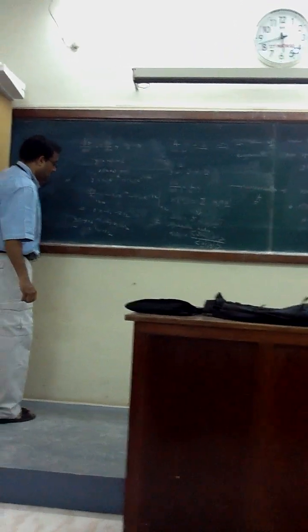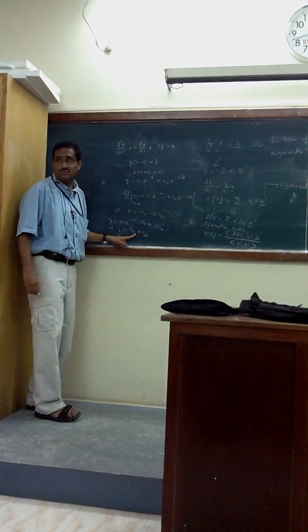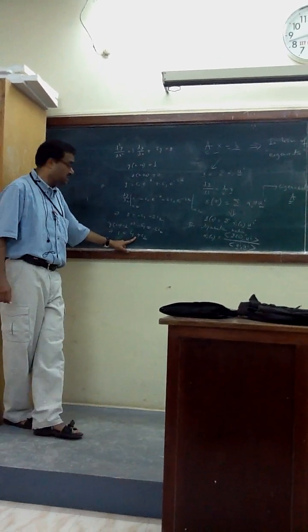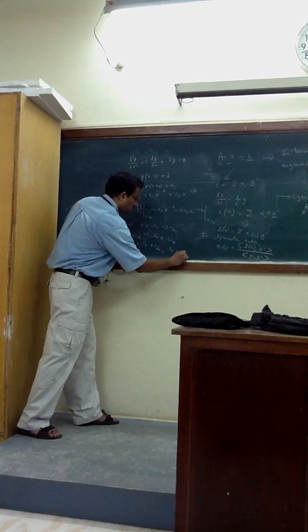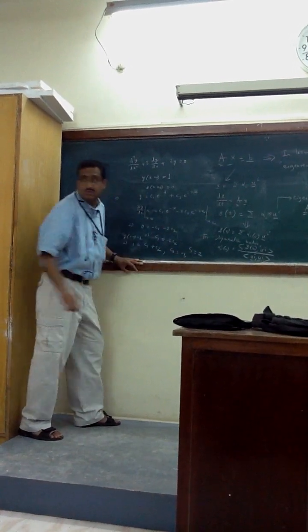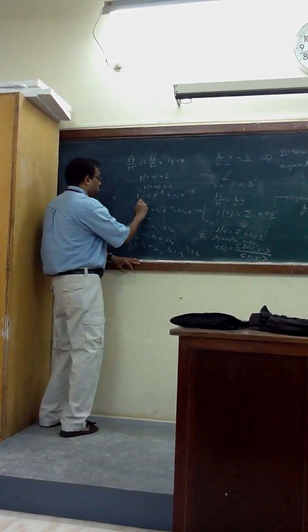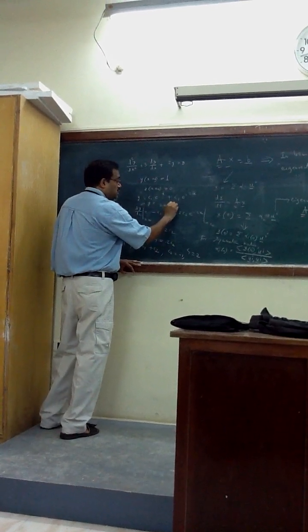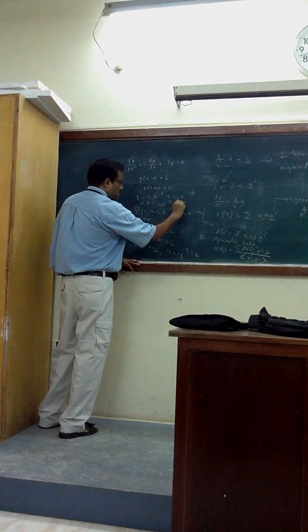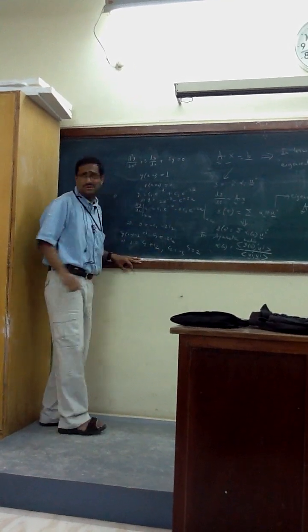Am I correct? c1 equals minus 2c2. That means minus c2 equals 1. So c2 equals minus 1, and then c1 equals plus 2. So your solution is y equals 2 e to the power minus x minus e to the power minus 2x. Am I correct or wrong?